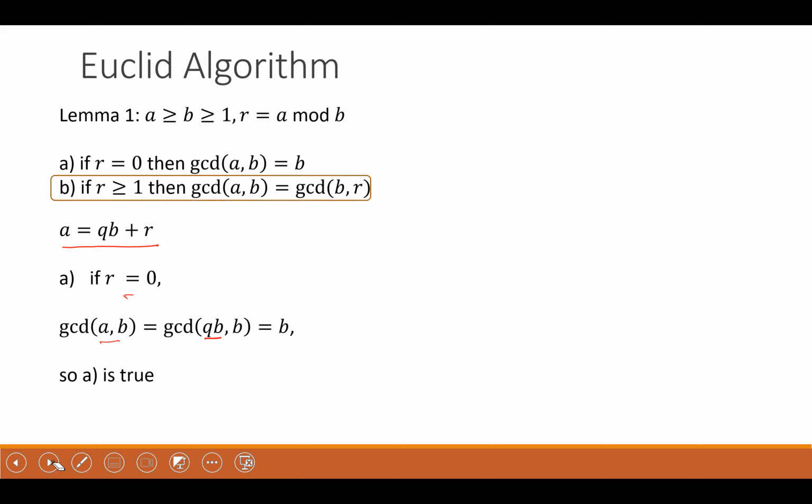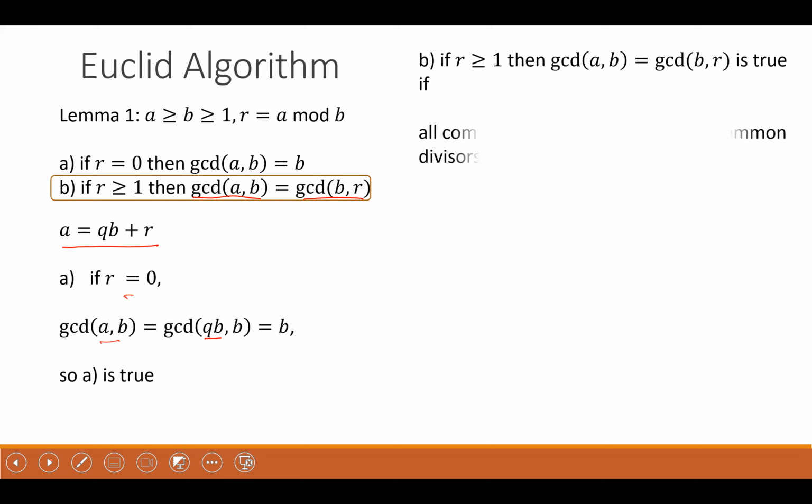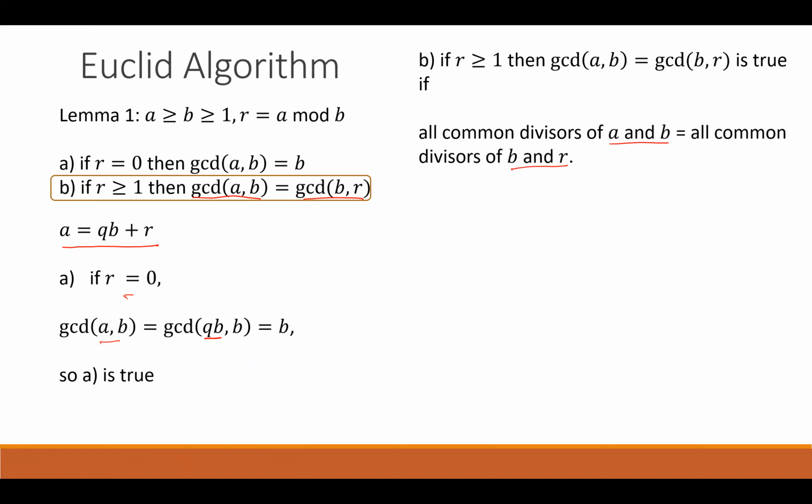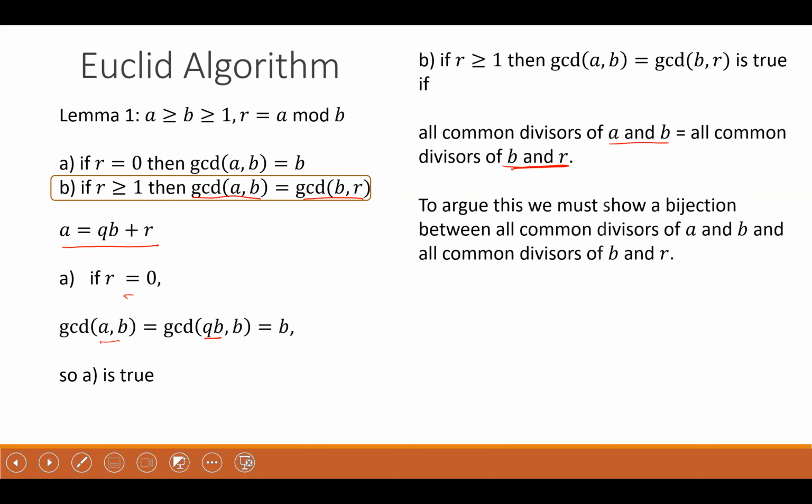So now we move on to the second one, which is a little more complex, that these share a greatest common divisor. To prove that, I want to show that all of the common divisors of A and B are the same as the common divisors of B and R. If I do that, then of course the greatest must also be the same. I'm basically going to take an arbitrary divisor of A and B and show that it's also a divisor of B and R and vice versa. Right? I need a bijection.